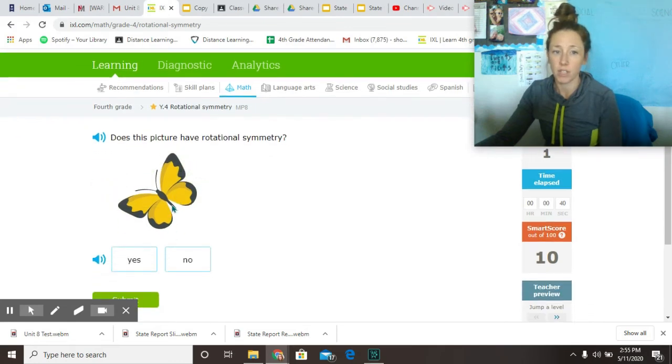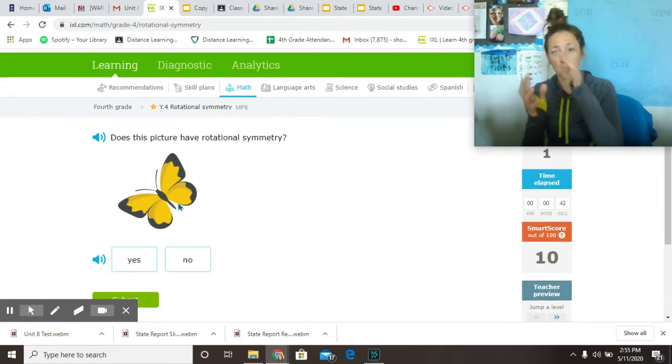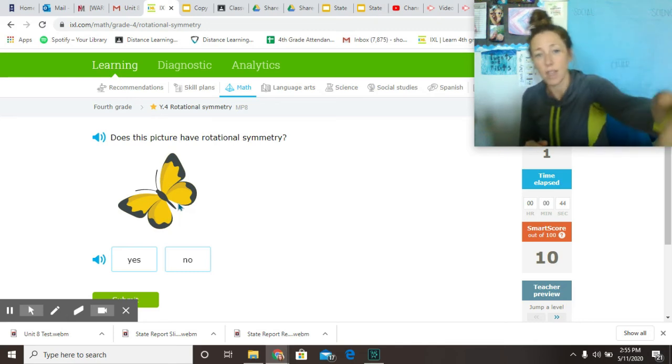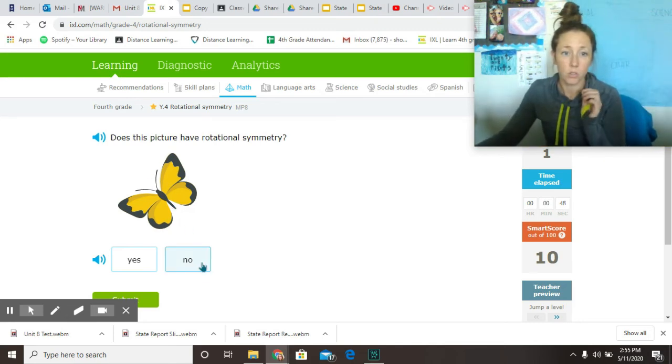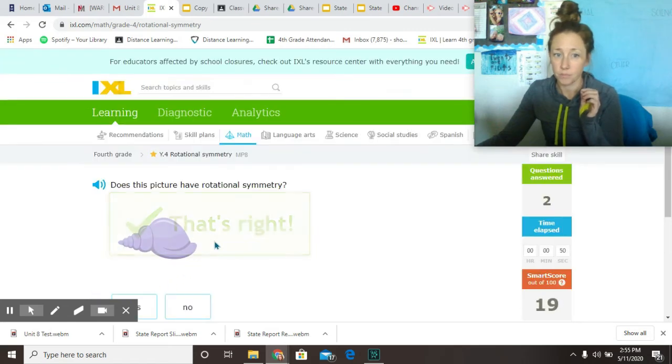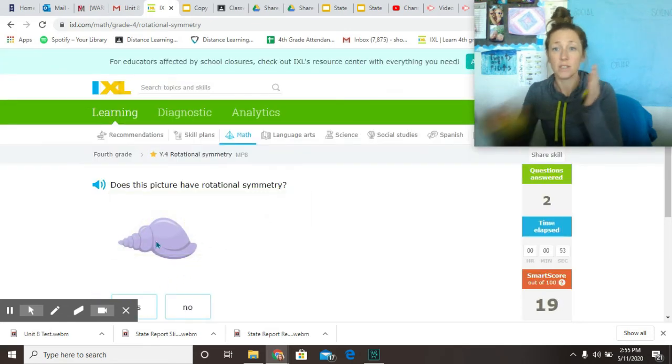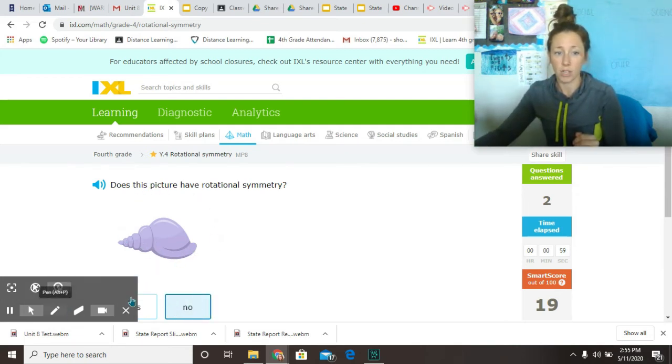Or on this butterfly, if I spin the butterfly, it's going to look different. Its head's going to be down, its head's going to be down that way. It's not going to look the same. So it would not have rotational symmetry. Snail shell, same thing. If I spin it, this point's going to end up going up. This is going to end up going down, so that would not be rotational symmetry.